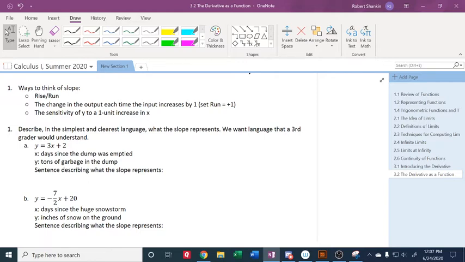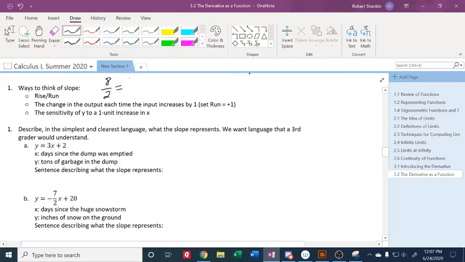Now this comes from looking at rise over run, but instead of looking at it like, hey, the slope was, it rose 8 every time it ran 2.